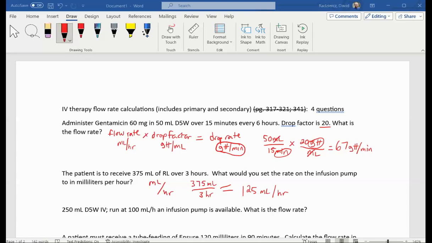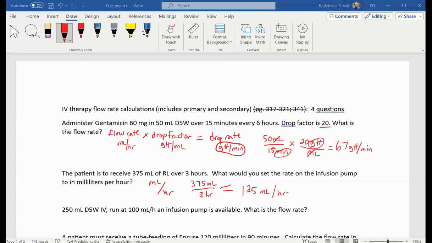It's coming down, dropping into the IV, at a very low rate. So you're getting a lot of drops per minute, but each is very, very small. It takes 20 drops to equal 1 milliliter is what that means. So you don't want to say that they're equivalent, because they're not.